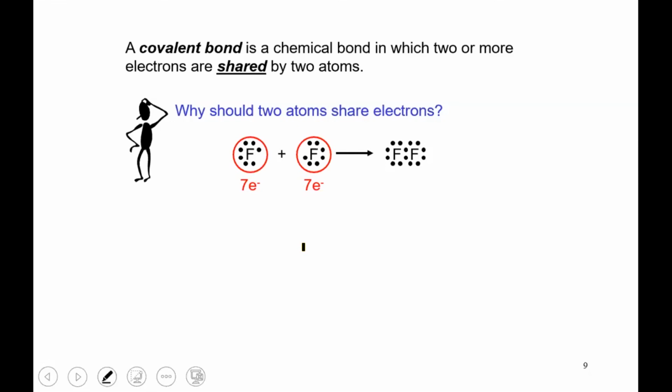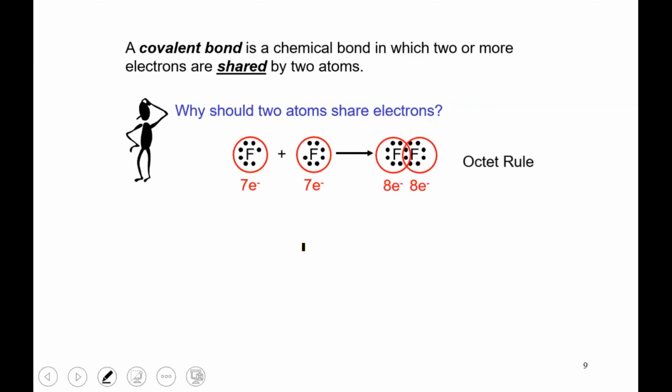Notice what happens now. If you go around each one of the atoms, counting dots, including the ones that are being shared with the other atom, we find that now that fluorine has 8 electrons around it. And if I count the one on the right, again, including the ones that are overlapping, I also get 8 electrons.